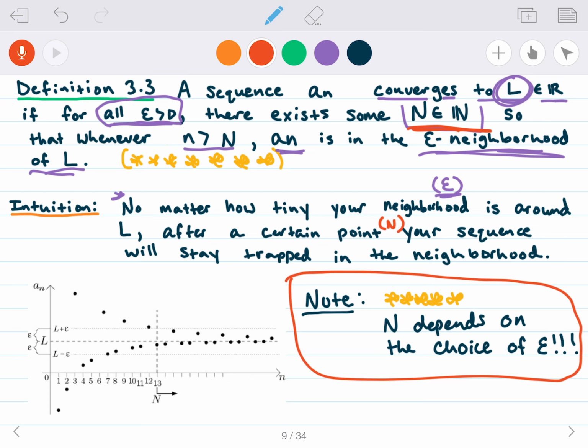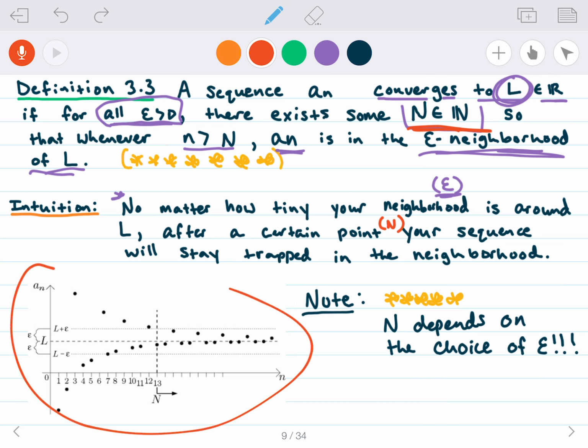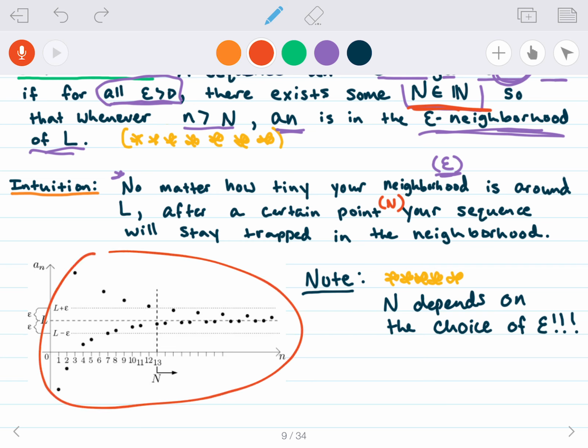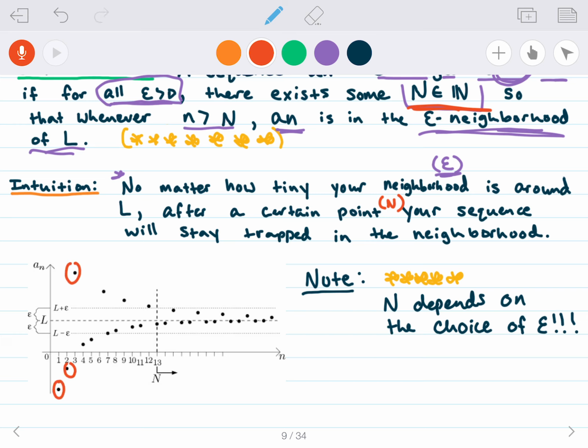So let's look at this picture that I have to the left, and I want you to really think about this picture. Look at the sequence. The dots everywhere are the sequence. Here's A sub 1, here's A sub 2, here's A sub 3, here's A sub 4. It's kind of bouncing around a little bit, but nonetheless we can see what's happening over time.